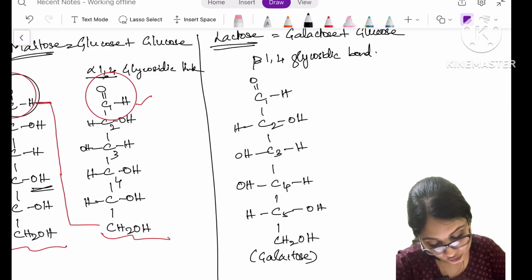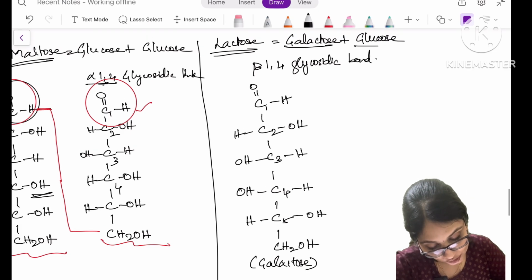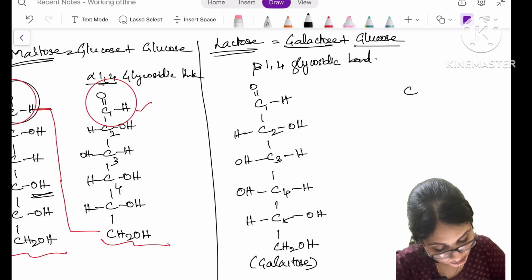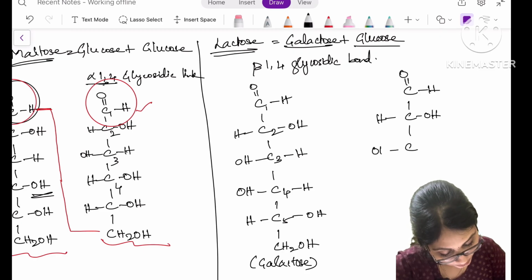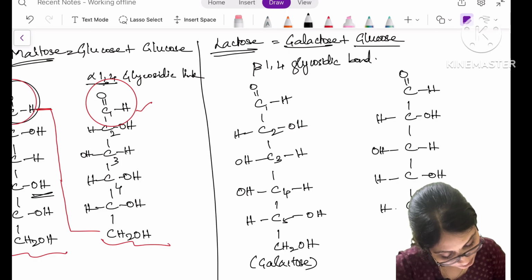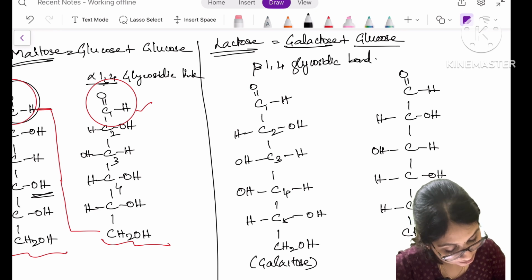Okay, and now let's draw. We are done with galactose. Now the simple one, glucose, which is easy. C double bond OH, and then we have CHOH, COH, CHOH, CHOH, and finally CH2OH. So this is nothing but your glucose.